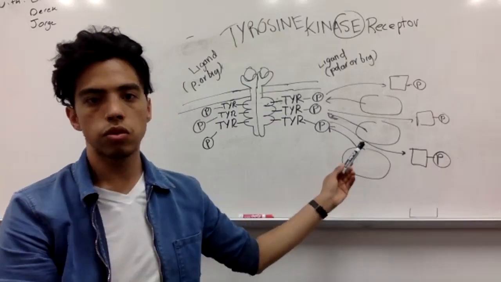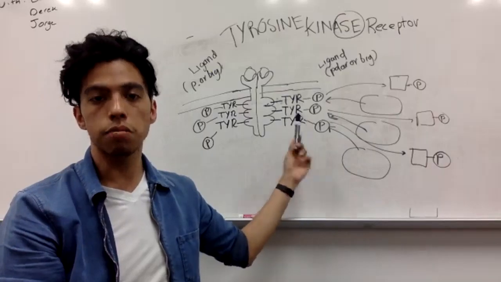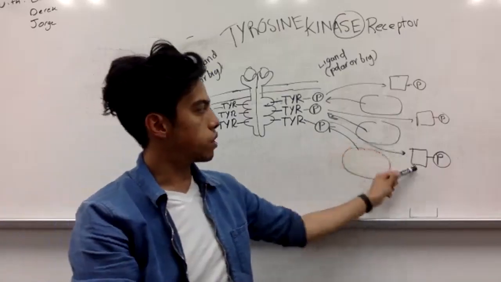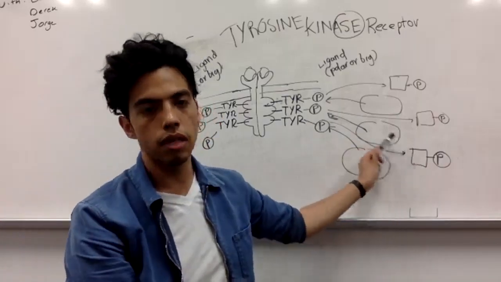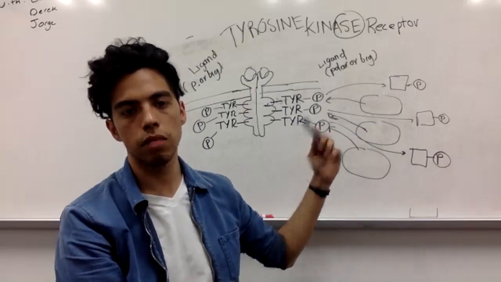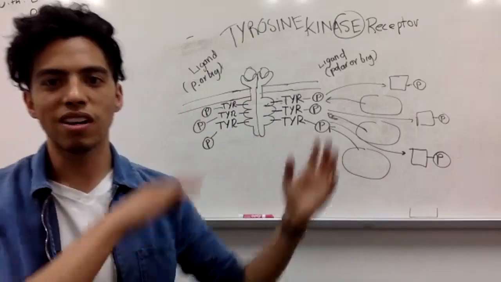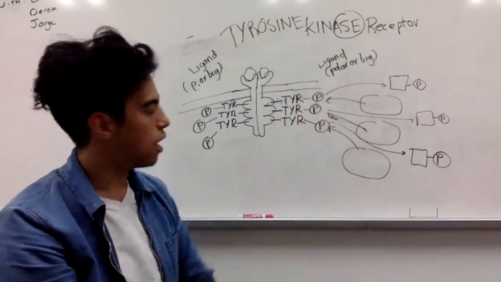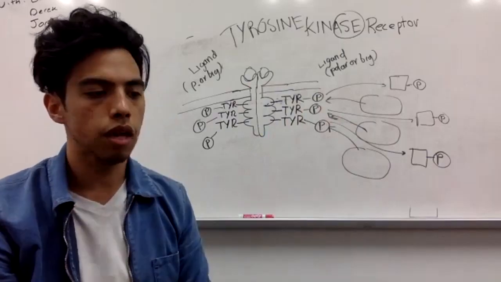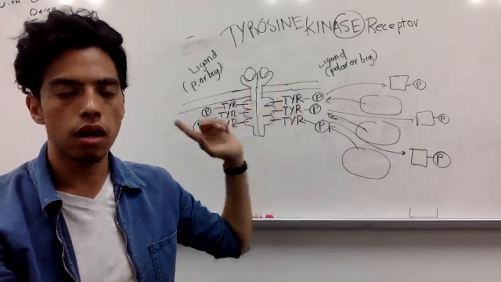But once they come to the tyrosine receptor, they become phosphorylated themselves, and they become activated. That's going to happen for each one that comes to the receptor and becomes phosphorylated. The same thing happens on this side. I'm just not going to draw it twice. And that's going to keep on going as long as these molecules are bound, right?